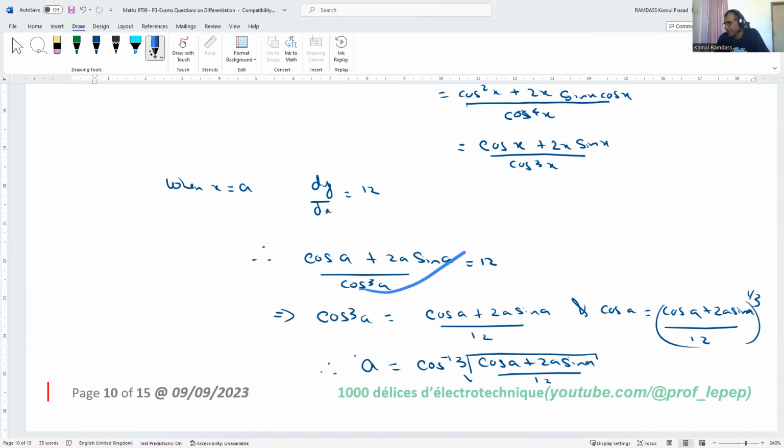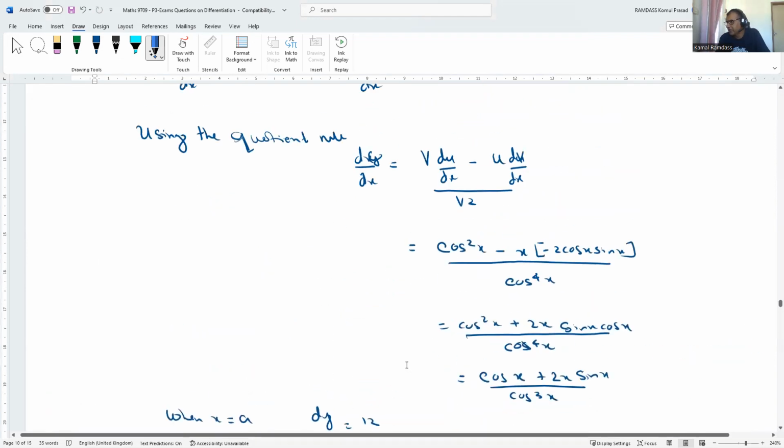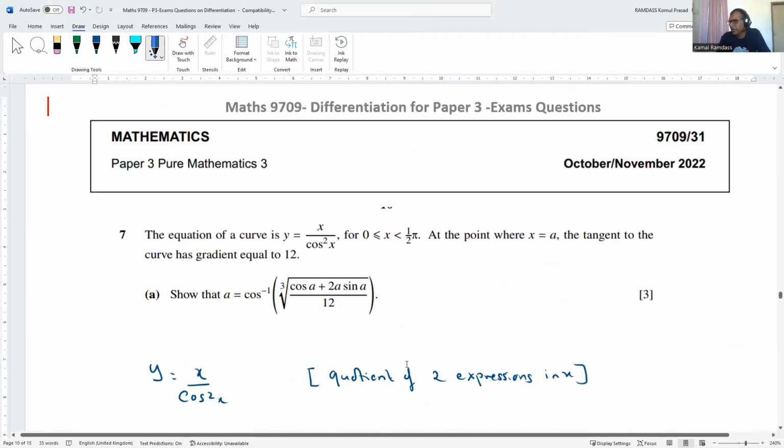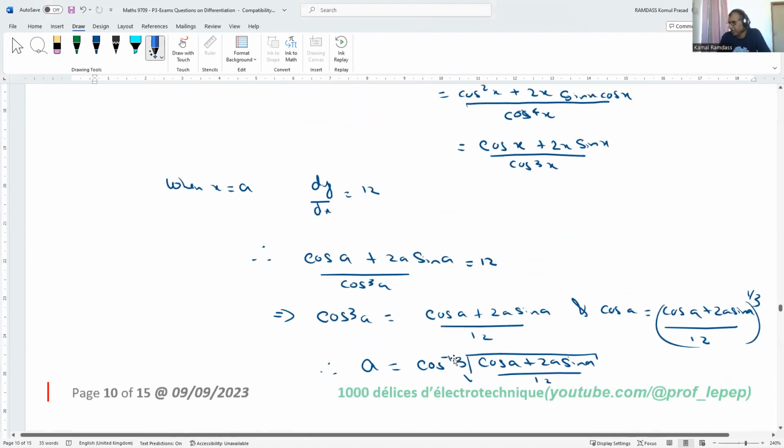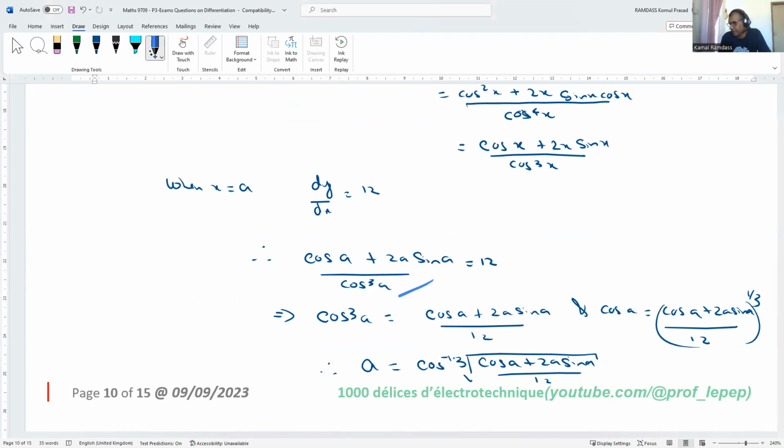Et finally, cos cube de a, on l'a envoyé là-bas. On prend cos de a plus 2 sin de a divided by 12. Et pourquoi on fait ça? Parce que l'idée est de trouver a in terms of cos inverse. Un cube root, et je trouve que si je fais ça, cos cube de a, je divise by 12, et là, je trouve cube root.